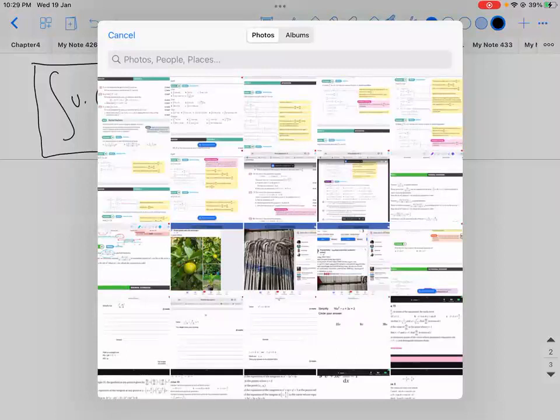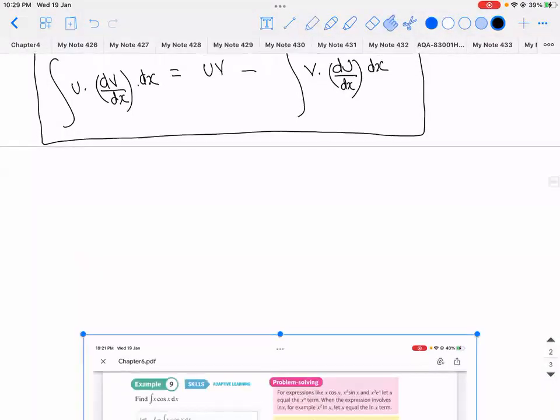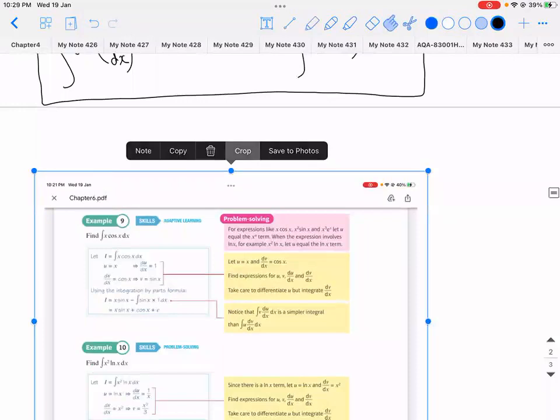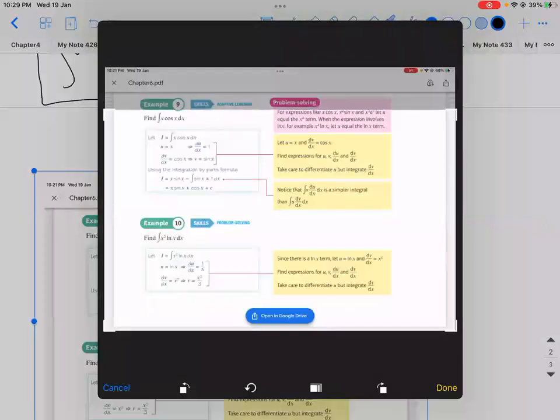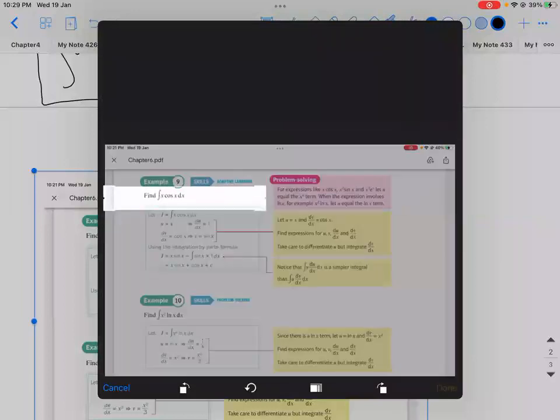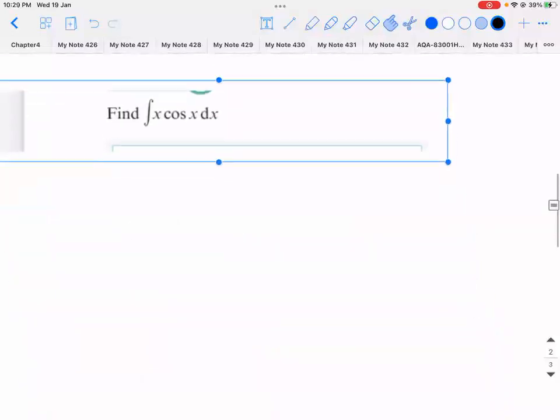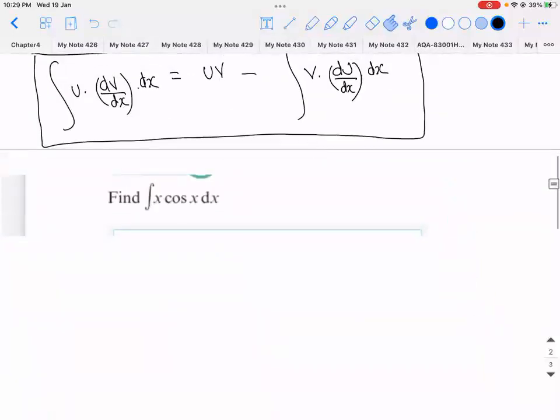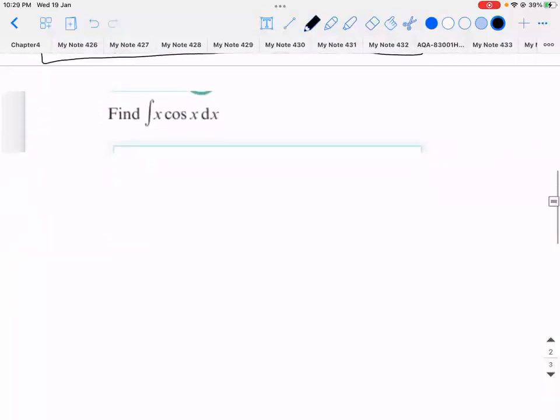So for example, the integral of x cos x dx. How are we going to do this question? Integral of x cos x dx.